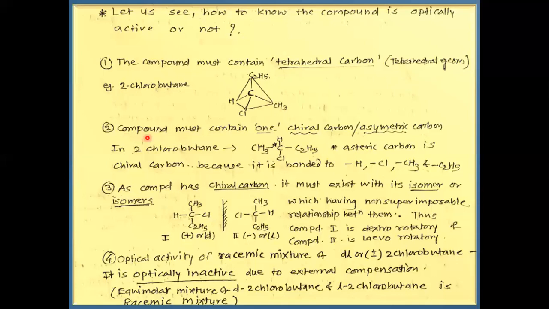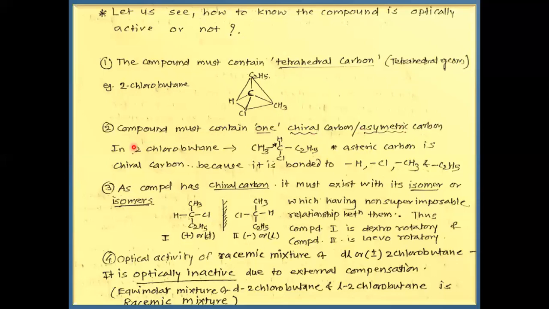Second and important criterion: one chiral carbon or asymmetric carbon must be present. The compound must contain at least one chiral carbon or asymmetric carbon.